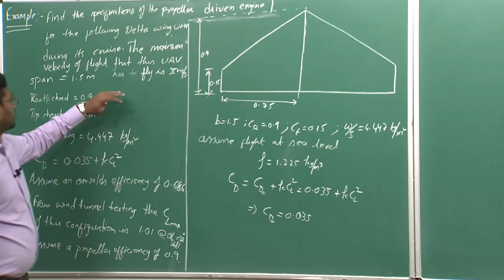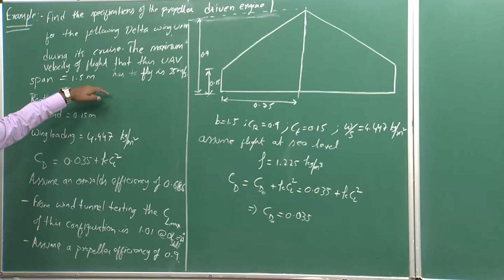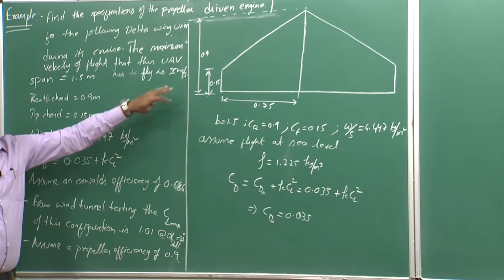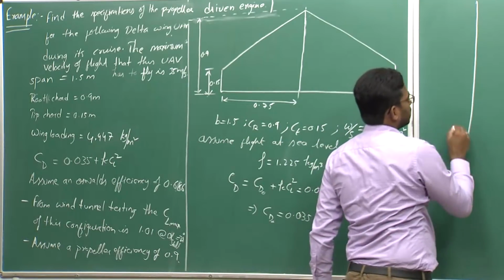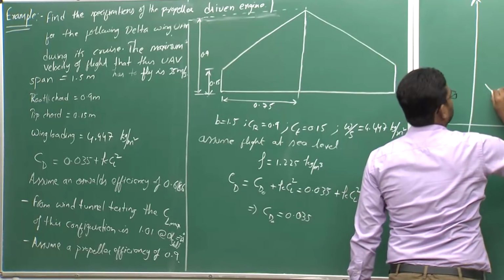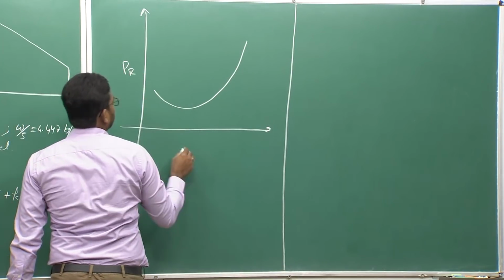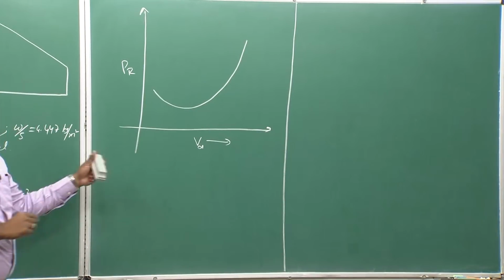Now, we need to understand what should be the power plant specifications. One of the mission requirements is that the maximum velocity is 35 meters per second. From our previous lecture, if this is the power required and this is the velocity, it has a typical variation.